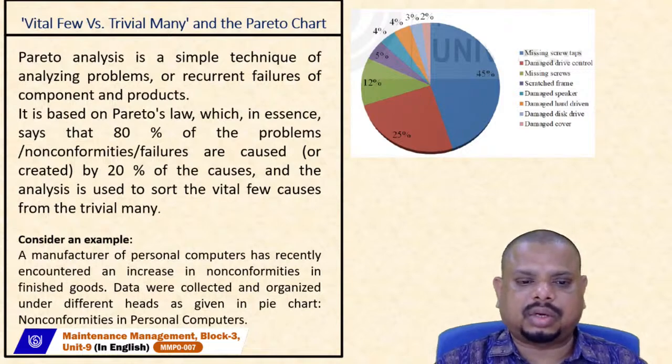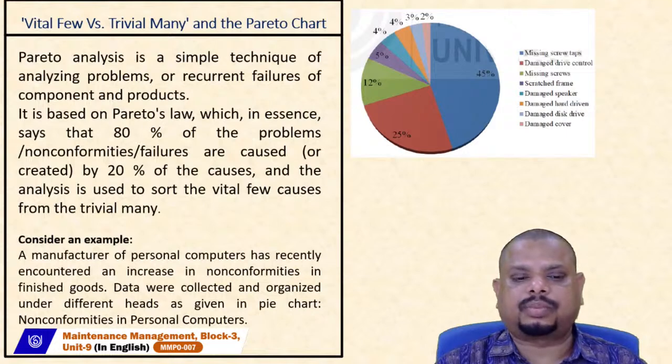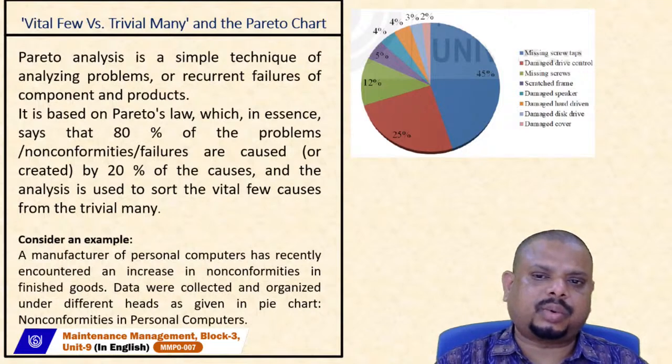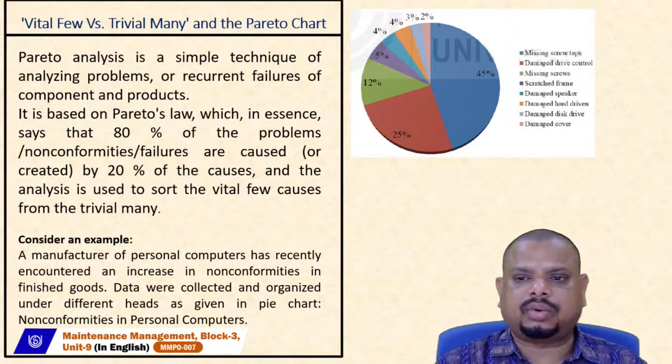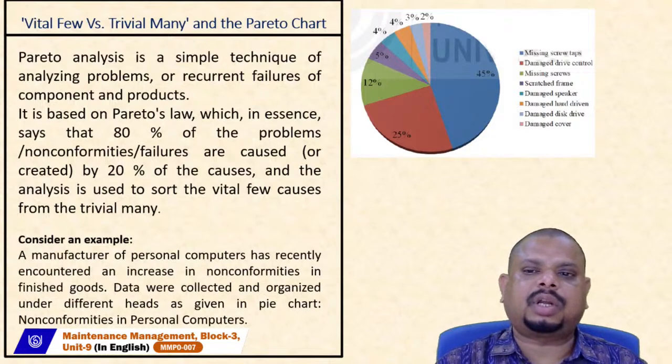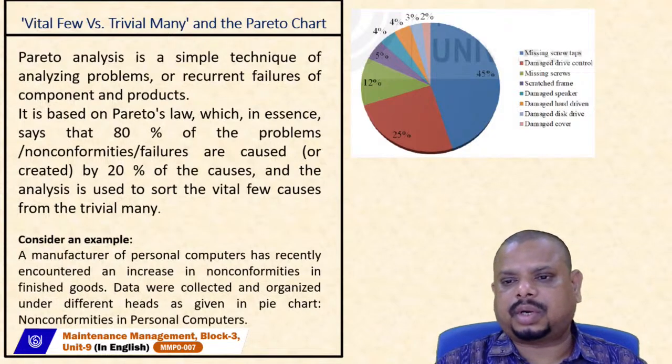The authorities should provide solutions to avoid these non-conformities so that they can easily reduce the failure rate in personal computers. In this way, it is also applicable to industries, where they can easily identify problems by applying the 80-20 rule, with the help of Pareto laws or philosophies, to eliminate the percentage of failures so that the system will be available and ready for production.